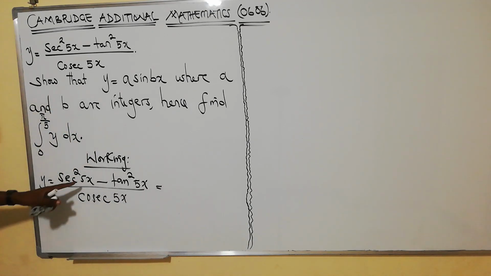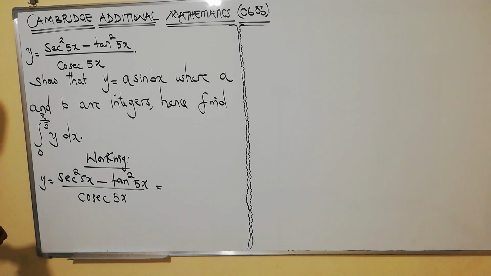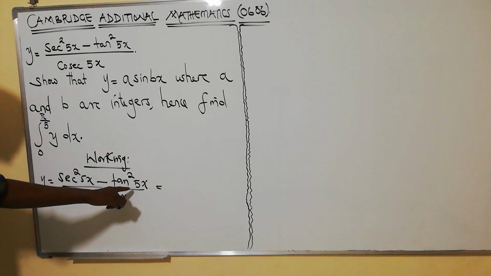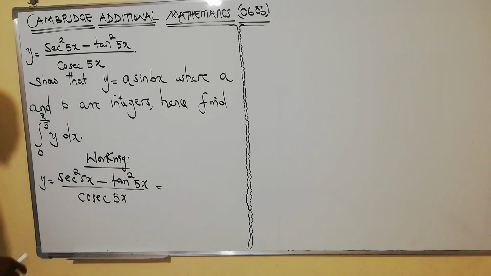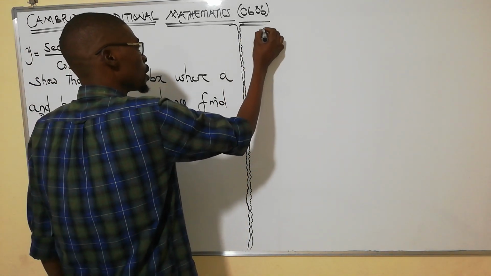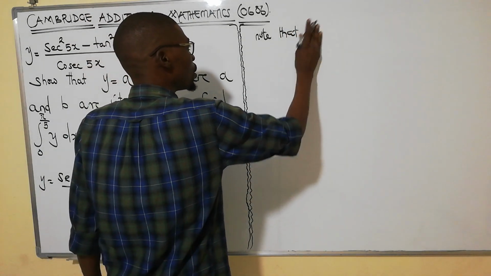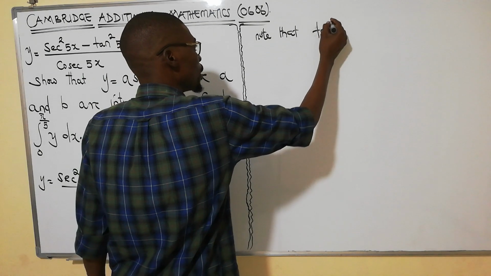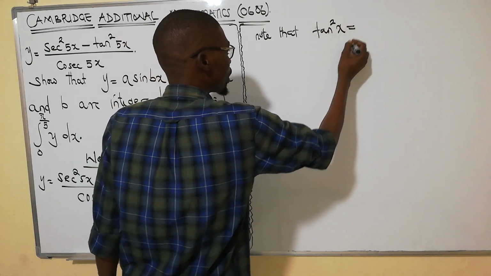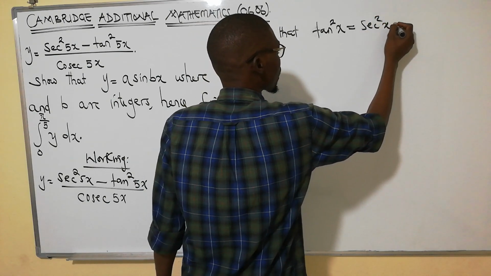Take note that tan squared of 5x gives us, in identities, sec squared of 5x minus 1. Tan squared of x is going to give us sec squared of x minus 1.